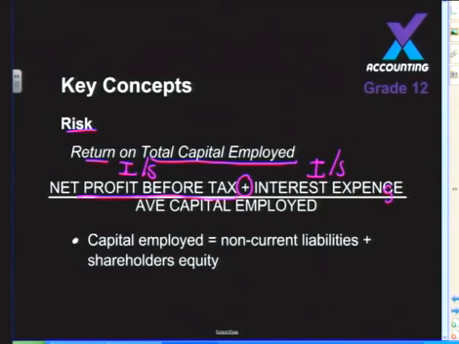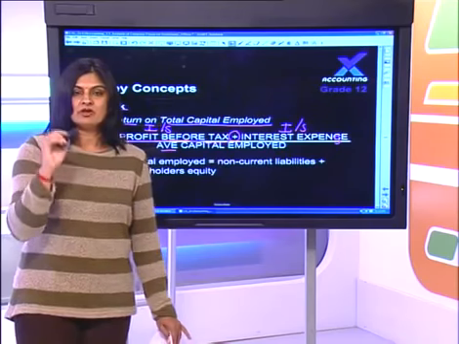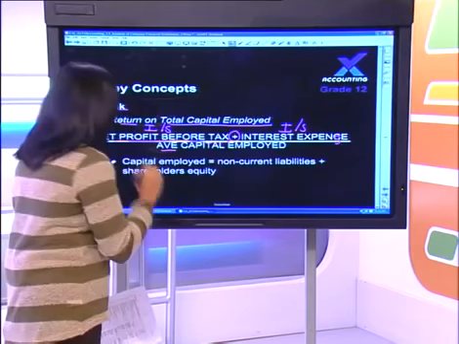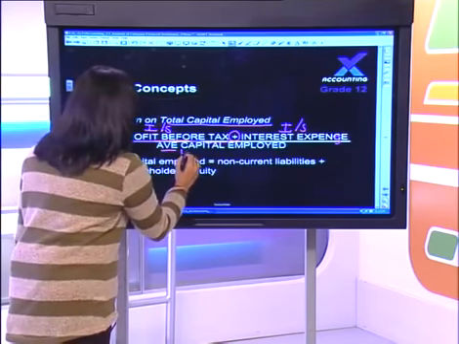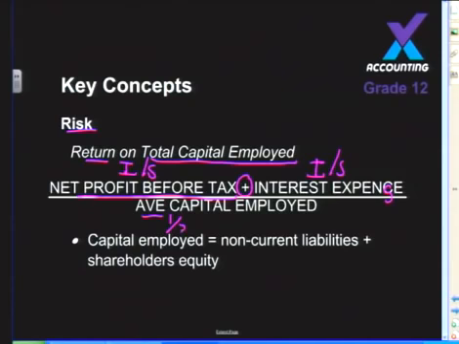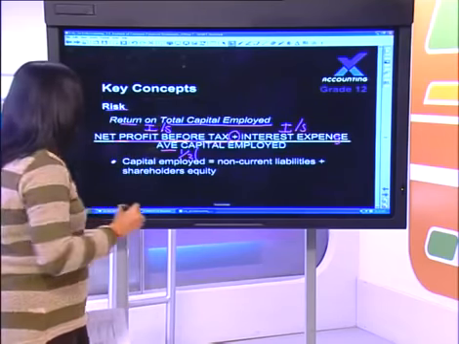And I'm then going to divide this by average capital employed. Now, guys, the word average, and I know you've come across this before in grade 11 and grade 10, average is simply the half of current year plus the previous year. Now, which amounts are we actually looking for in this ratio?